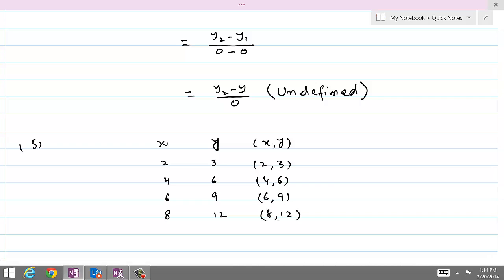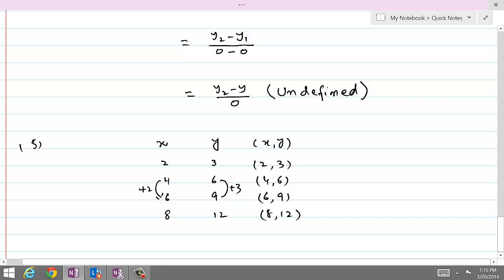Or what you can do is, here y is a response variable, or in other words, a dependent variable. You can take the difference between two successive points. This difference is equal to plus 3. So while going from one point to the next point, the difference in the response variable's value is plus 3, and similarly the difference in the independent variable's values is plus 2 here.